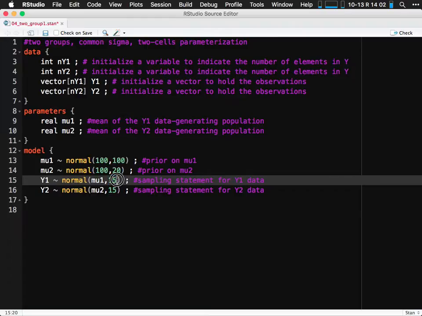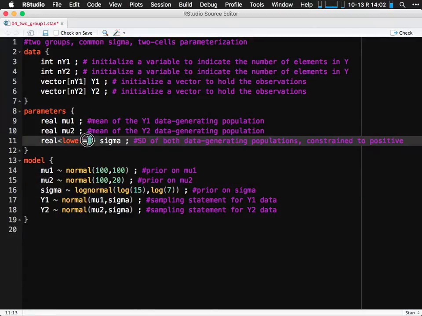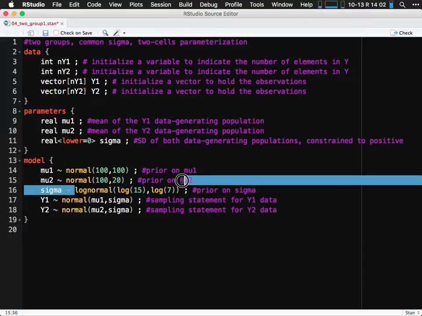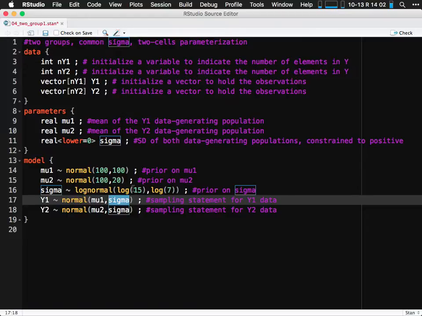But maybe the population is slightly different from that expectation. So if we wanted to be uncertain as to how much noise there is in the population, how much variability from one person to another there is, we would make this a parameter, in which case we'd want to give it a heads up that this is a parameter, lower bounded at 0, and we'd want to express our beliefs about the potential values this could take.